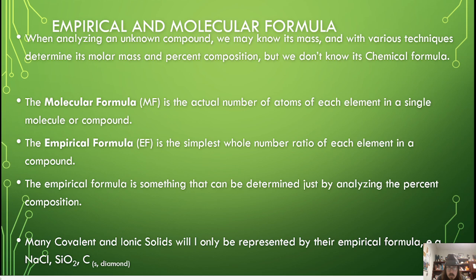That's exactly it. If I say glucose, a simpler sugar, it's going to be C6H12O6. 6 carbons, 12 hydrogens, 6 oxygens. So essentially every compound is unique.